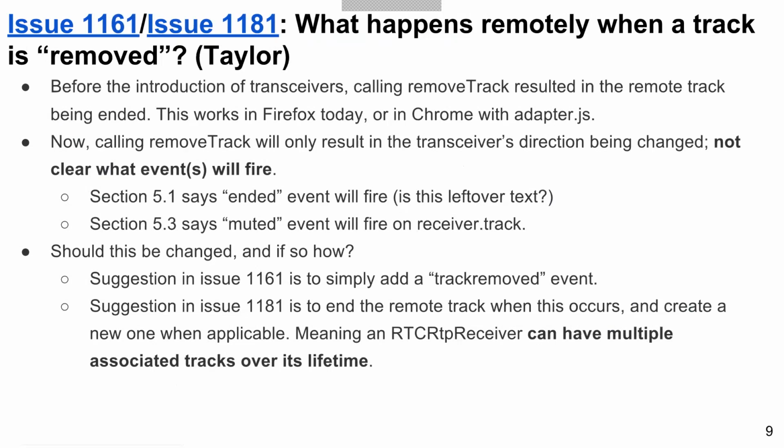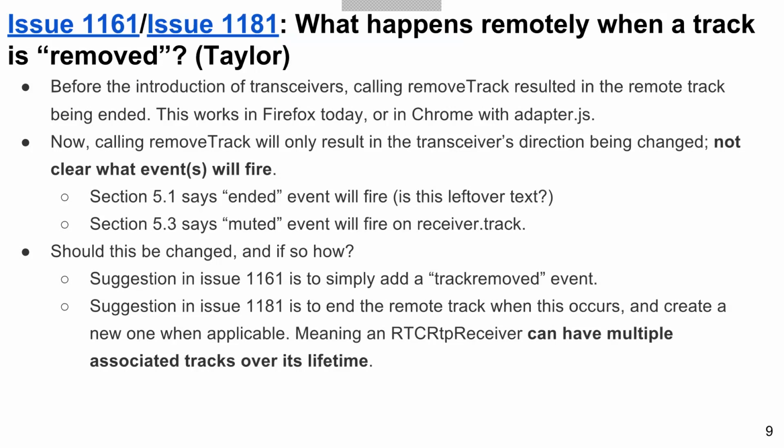And so, as mentioned, the bullet here, section 5.1 says that when you remove a track, the ended event should fire on the other side. But I believe this is just leftover text, and I don't see any reference to where the event is actually fired. And section 5.3 talks about the ended event being fired when RTP timeout occurs.